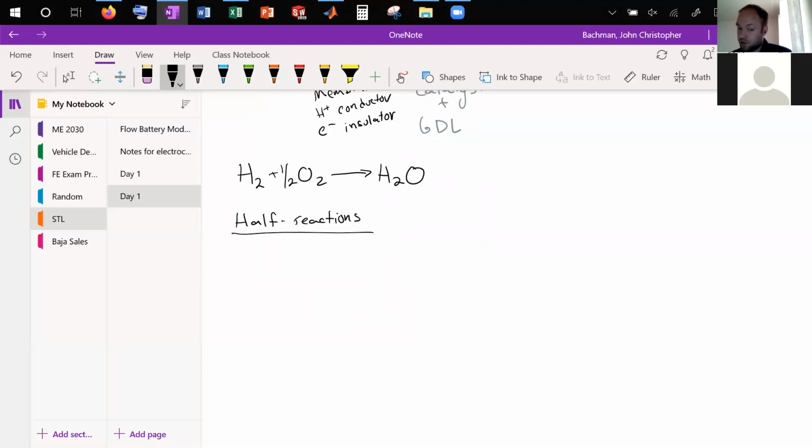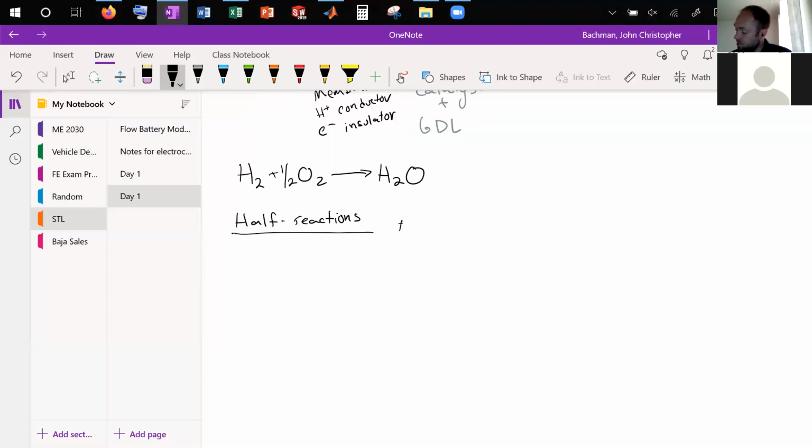So in electrochemistry in general, you're going to have half reactions, or at least what we call half reactions, because by their very nature, we're going to split the redox reaction to occurring in two different locations in the cell on the surface of the electrodes.